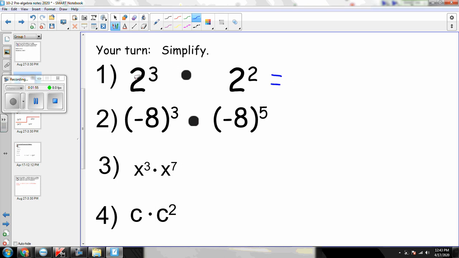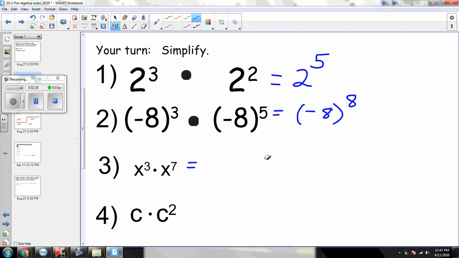Alright, on number 1, my bases are both a 2. So when I take 2 to the third times 2 to the second, your answer should be 2 to the 5th, because you're adding 3 plus 2 to get 5. Try number 2. Negative 8 to the third times negative 8 to the 5th would be negative 8 to the 8th power, because you're adding 3 plus 5.